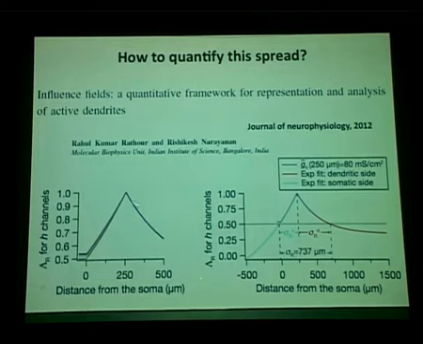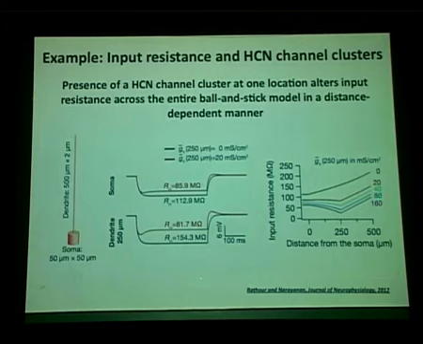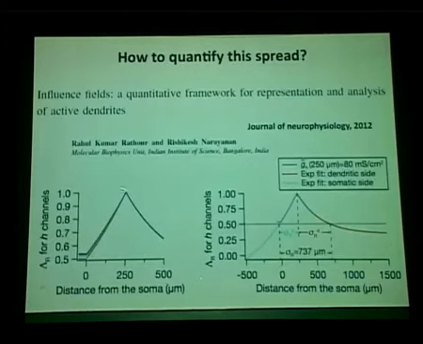Now you see that irrespective of what the density of the channel was, the normalized influence field is exactly the same across both sides. You can quantify it by fitting exponentials on both sides and arrive at the full width at half maximum, and that could be the spread of influence of this channel cluster across the dendritic topograph.